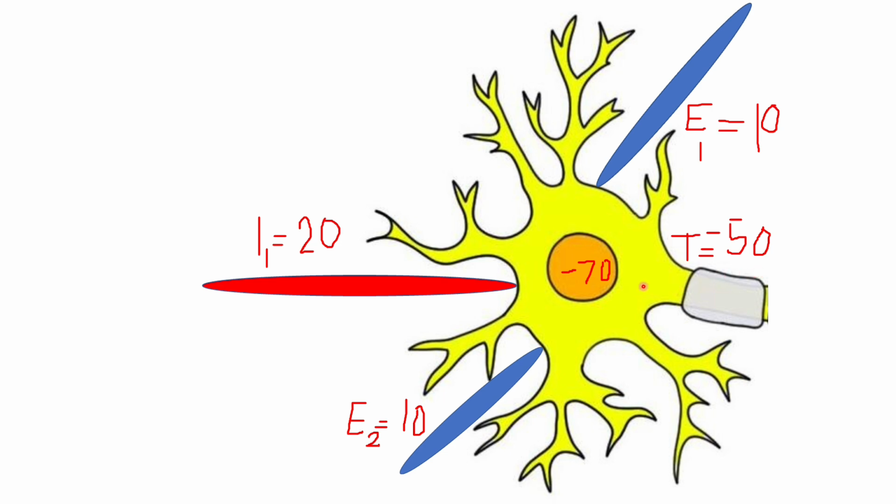Calculate the grand postsynaptic potential in this neuron, assuming that these three synapses fire simultaneously, or act simultaneously on the soma of this neuron. So again, calculate the grand postsynaptic potential, and then determine if there is going to be a generation of an action potential or not.